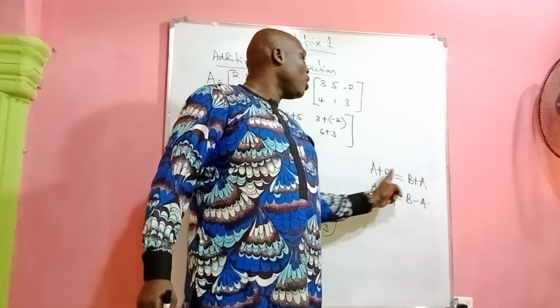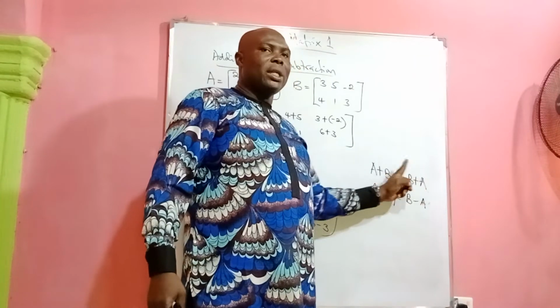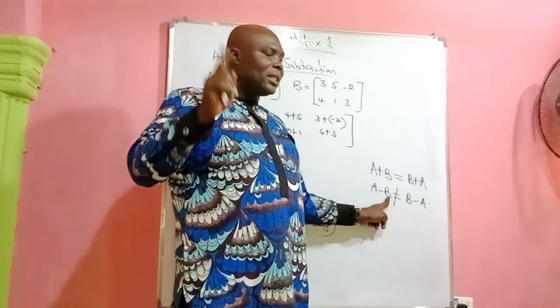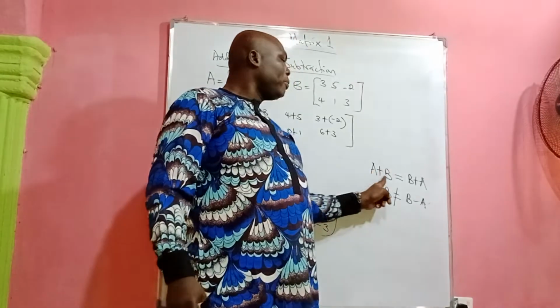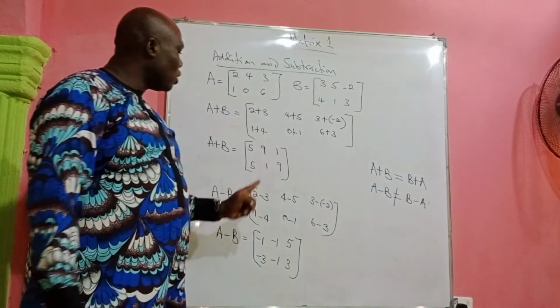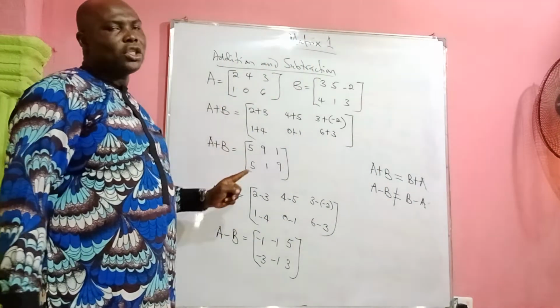The order of the addition doesn't matter. The result will be the same. But in subtraction, the order matters. A minus B can never be the same thing as B minus A. A plus B will always give you the same thing as B plus A. Please take note of this addition and subtraction of matrices.